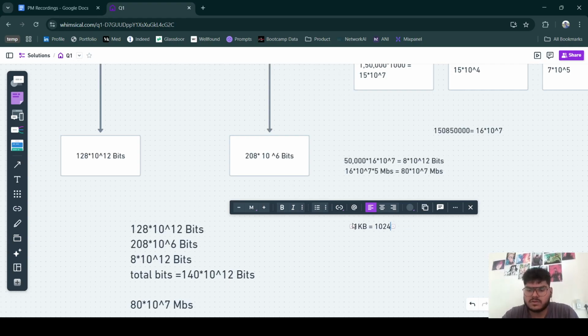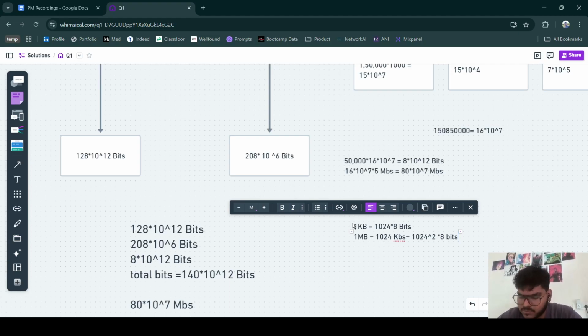So if calculating in bits, it will be around this much bits, and 1 MB is around 1024 times KBs. So it will come around 1024 squared times 8 bits.